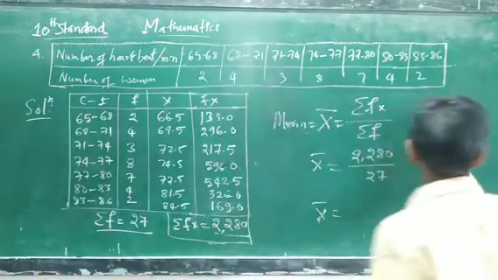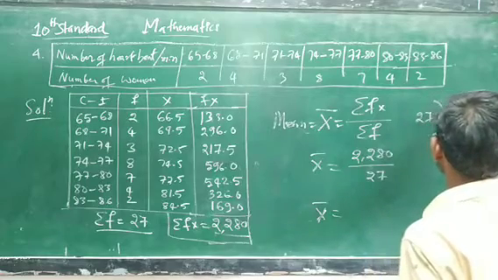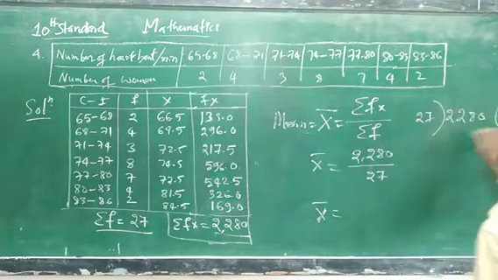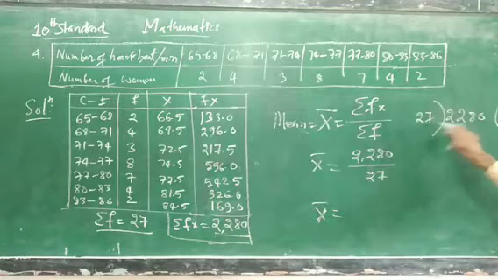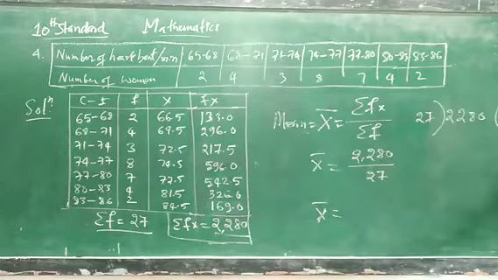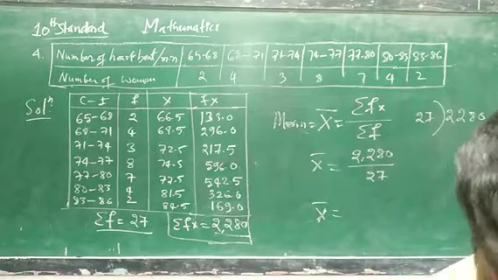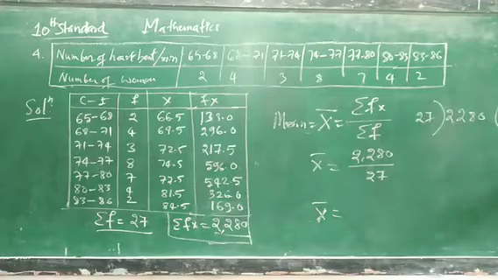So 27 into 2280. 22 is very small than 27. So 27 into 5, 135. So it is very small. 27 into 8, let us take 8, 216.